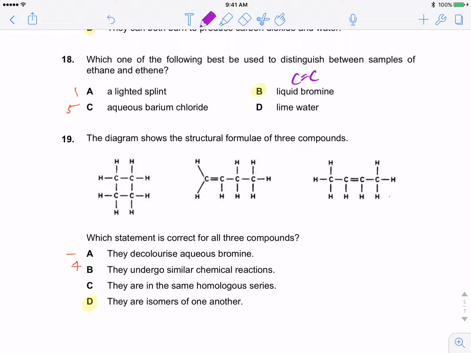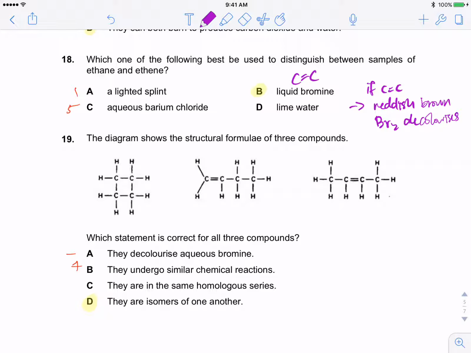So liquid bromine, which is reddish brown, will decolorize if there is a C-C double bond.